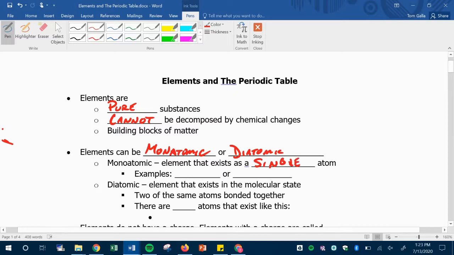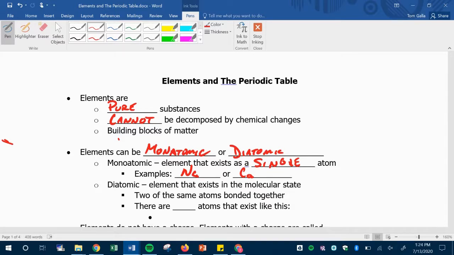So monatomic elements naturally are elements that exist as single atoms. Some examples would be sodium, which is Na, or calcium, which is Ca. So both of those are monatomic elements. A majority of the periodic table is actually monatomic elements.